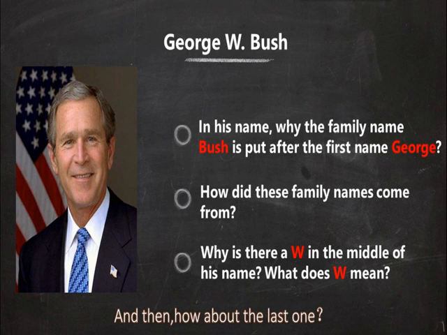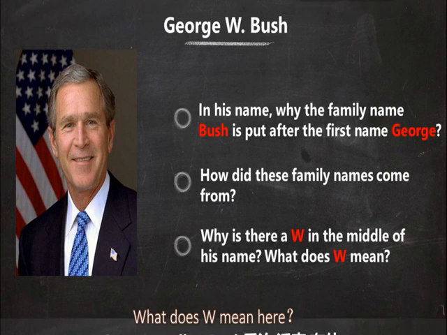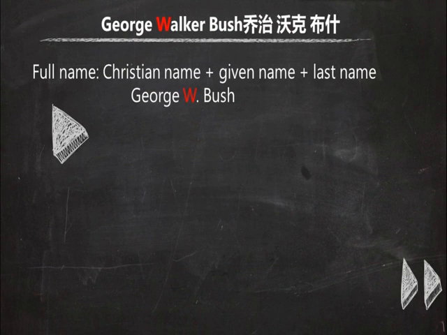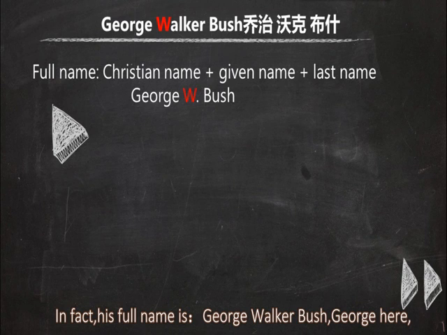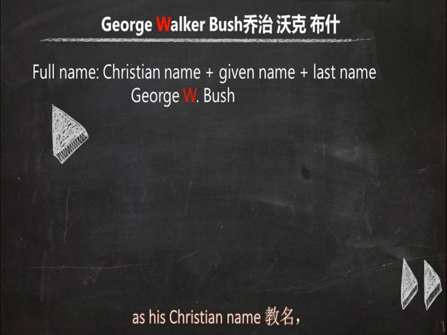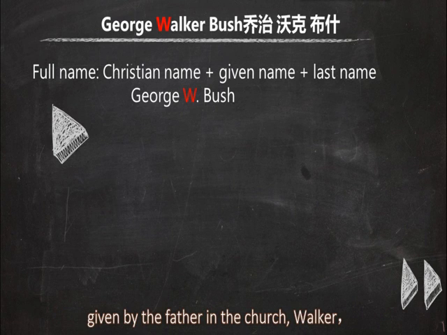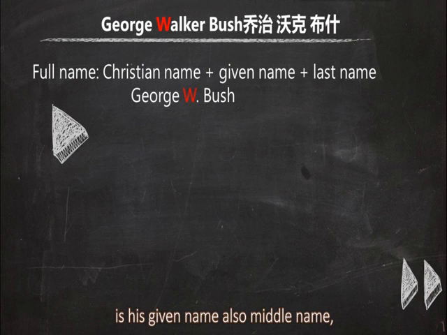And then, how about the last one? What does W mean here? His full name is George Walker Bush. George here is his Christian name, 教名, given by the father in the church. Walker is his given name, also the middle name.